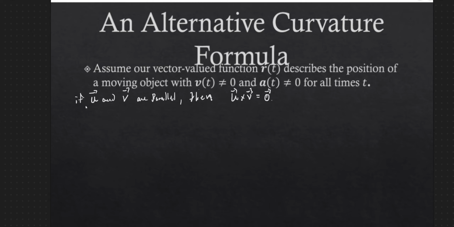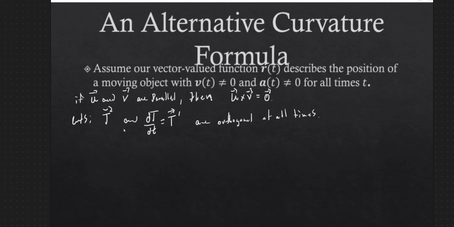So let's rederive this. I want to show that T, the unit tangent vector, and dT/dt, which I'll just call T prime here, are orthogonal, perpendicular at all times.